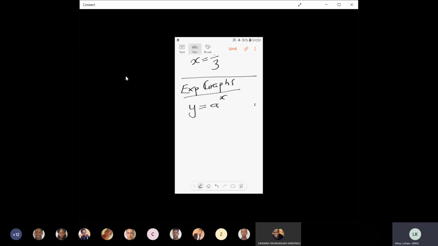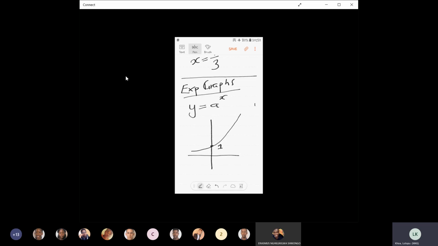Okay, so the way to plot them is they all look exactly the same. They have the same shape. Now the shape that they have, it's one of two shapes. Either it looks like this, and this point here is always equal to 1. Always means all the time.